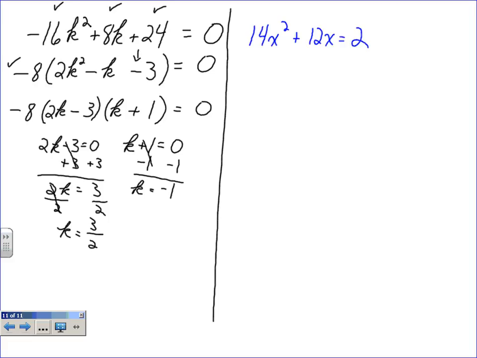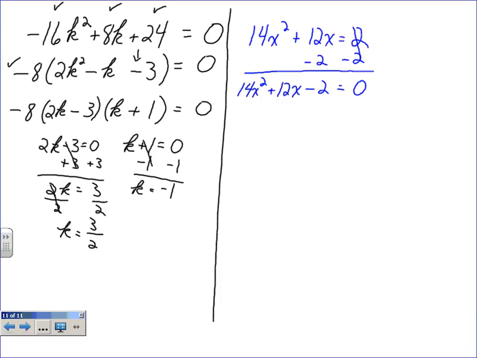Well, that doesn't equal 0. Remember we talked about that a couple days ago. I'm going to subtract 2 from each side because 2 minus 2 is 0. Now I have 14x squared plus 12x minus 2.